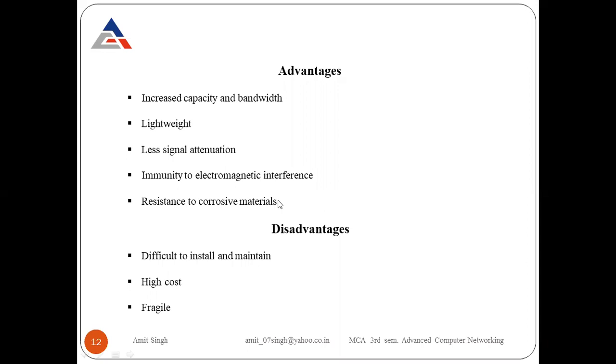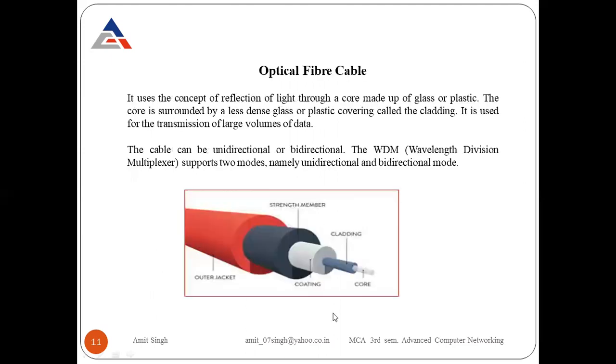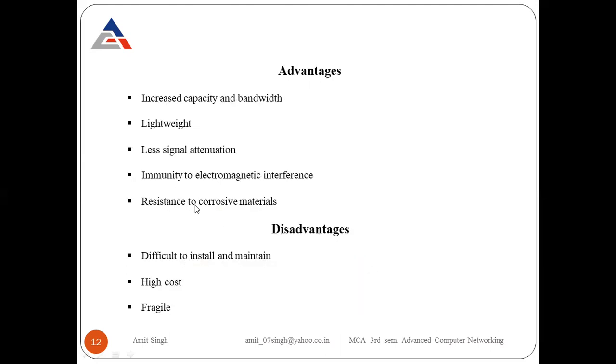Because the light can easily reflect in any simple area of glass or plastic. Look at the diagram: the core part is made of glass or plastic, so that's why they are resistant to corrosive material. So these are the advantages of the optical fiber.